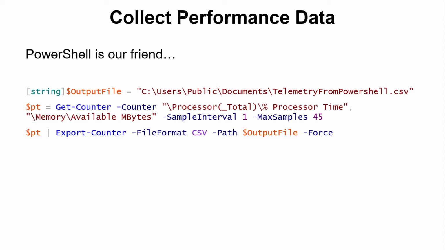In line 2, it collects 2 performance counters every second for 45 seconds. And in line 3, it exports the results to the CSV output file. Done. Now the trick is to run the synthetic workload, the screen recording, and this script simultaneously. This may require more scripts.